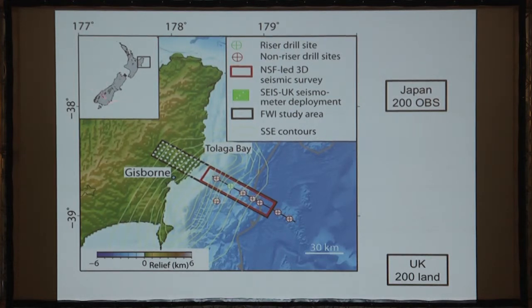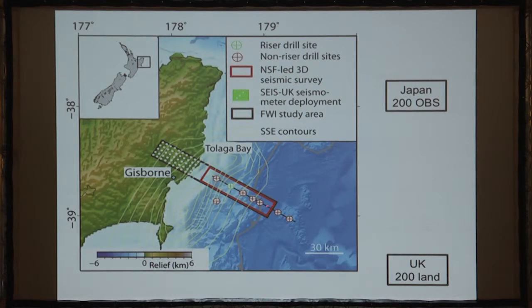So here's New Zealand. The Pacific plate here is basically subducting down to the west or to the northwest beneath New Zealand. The contours are contours on the subduction zone as it goes down. The crosses are the drill sites, and there's one offline here. So we'll do a conventional 3D survey in that box.